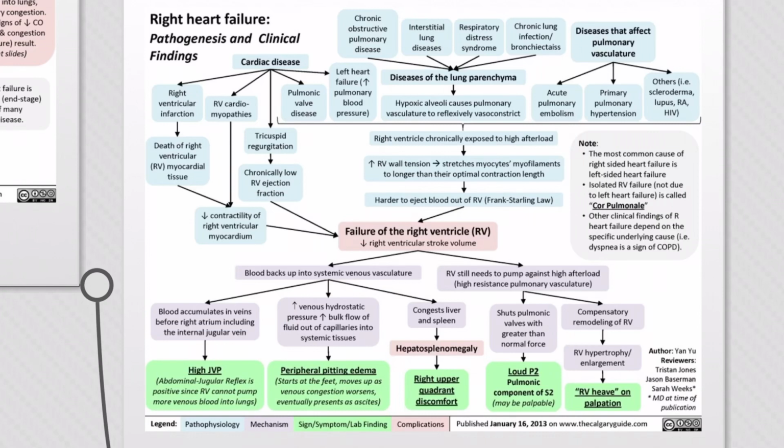So there will be an increase in afterload in the right ventricle, the right wall extends and stretches, and eventually, based on the Frank-Starling law, the right ventricle is going to fail.